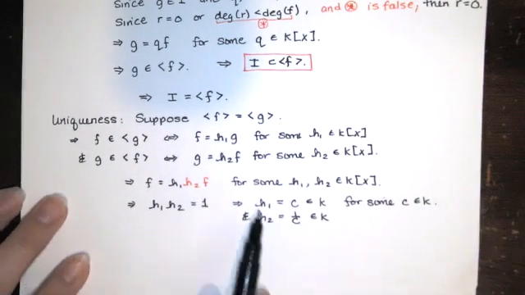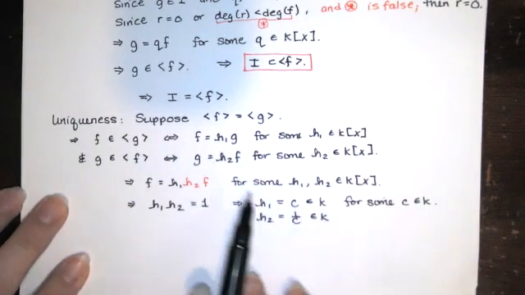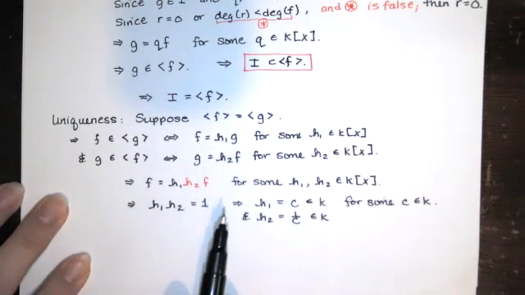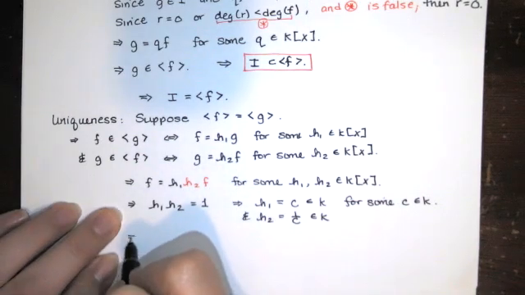And since h2 is just a constant, we've just shown that g has to be a constant multiple of f.